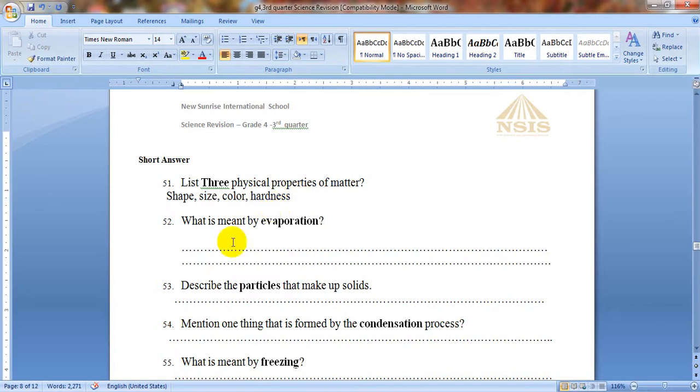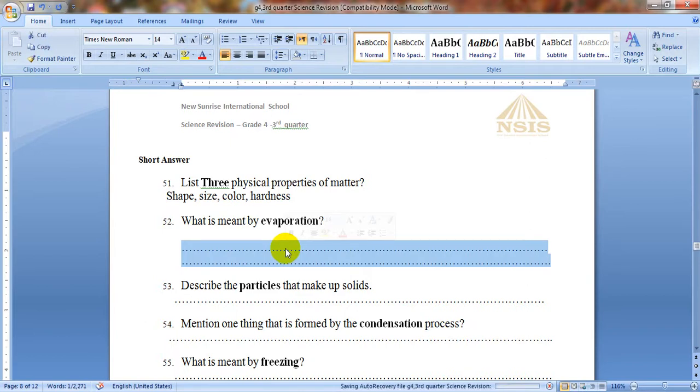The next one, what is meant by evaporation? What is the definition of the word evaporation? We said that evaporation is a physical change, or it is a process by which a liquid, like liquid water, changes into a gas.